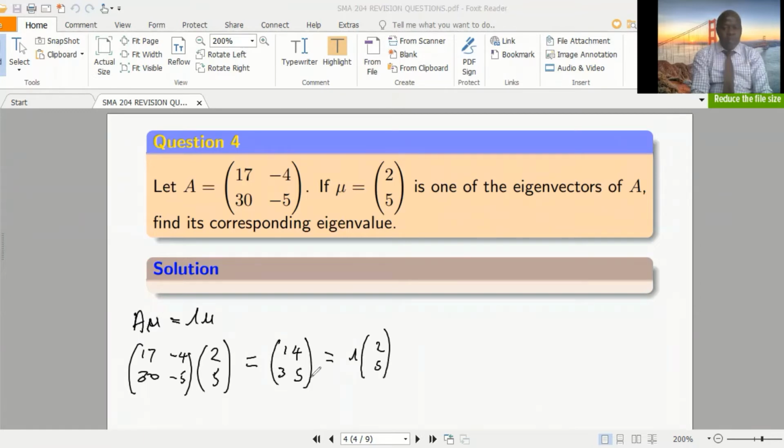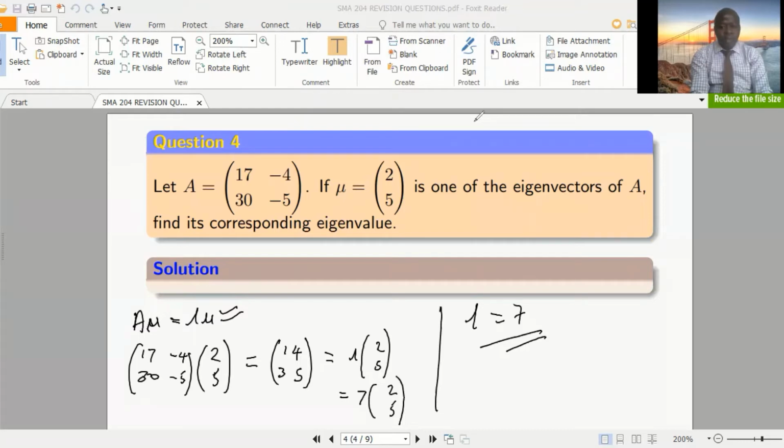And when I look at this, lambda here is 7, because this would be 7 times 2, 5. Lambda is 7. So the corresponding eigenvalue is 7. That's what the question wanted us to do, using the knowledge we acquired from our introductory video on eigenvalues and eigenvectors.